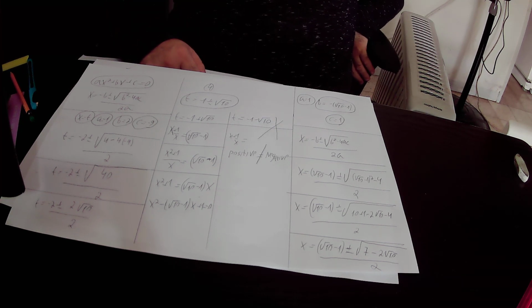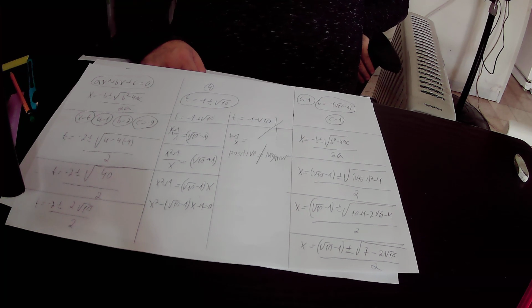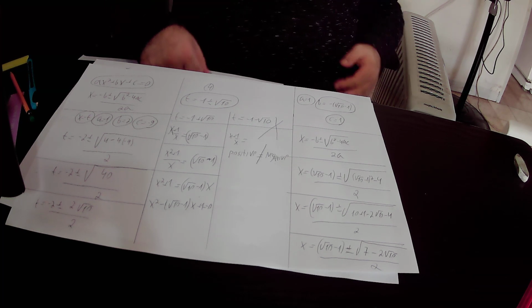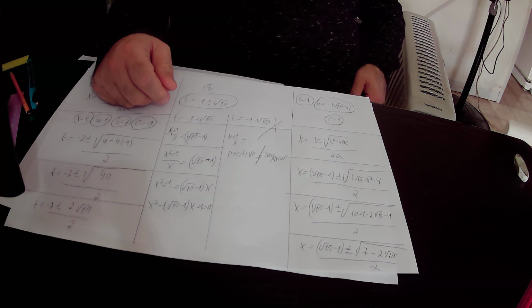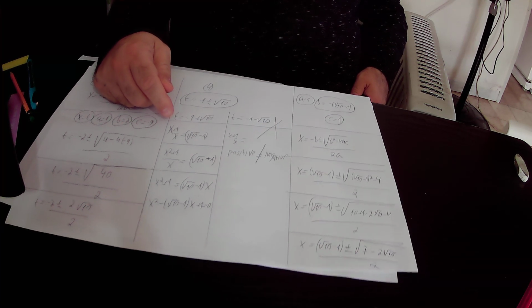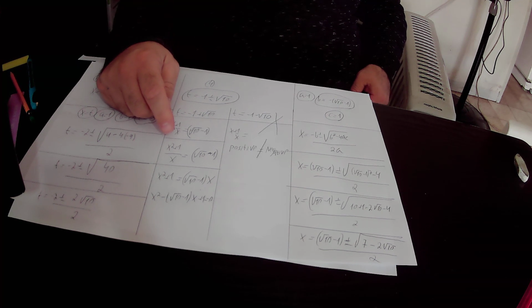But what is the value of t? t, according to our definition, equals x plus 1 over x. That equals the square root of 10 minus 1. Here we multiplied x by x and then we divided by x in order to overcome a factor with 1 over x. And we got that x squared plus 1 over x equals the square root of 10 minus 1.